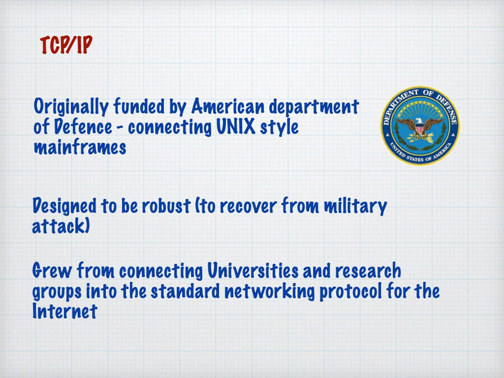This grew out of work from research groups and universities, and eventually they came up with this standard networking protocol, which, as it turns out, has formed the backbone of the internet. There is a consequence of this notion that the network infrastructure should be robust, and I'll talk about that later on.